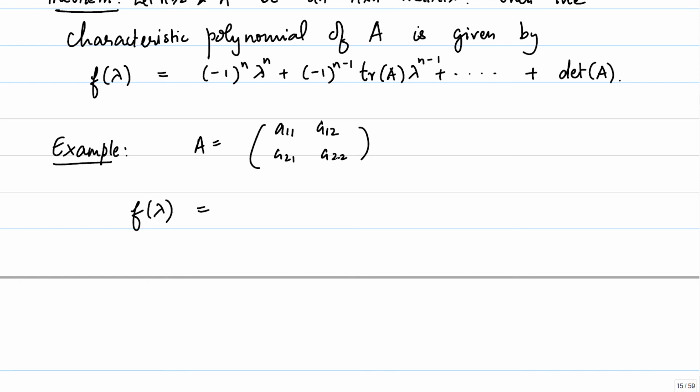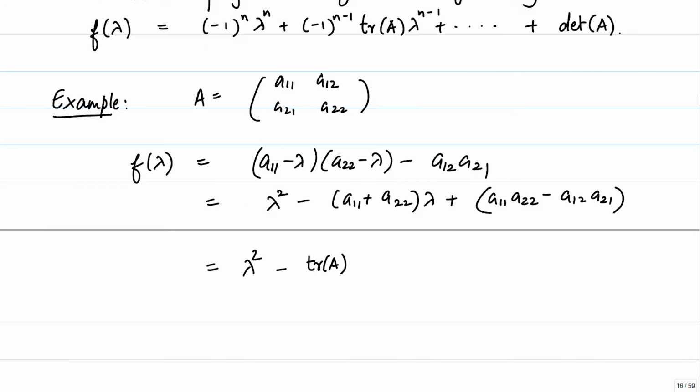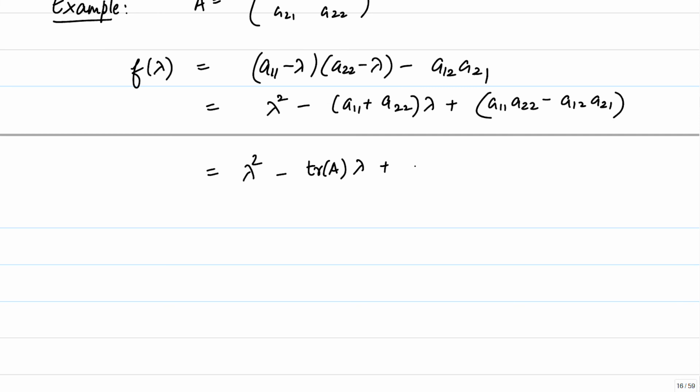Let's compute it and see. a11 minus lambda into a22 minus lambda minus a12 times a21, which is equal to lambda square minus a11 plus a22 times lambda plus a11 a22 minus a12 a21. If you notice, this is equal to lambda square minus the trace of A times lambda plus the determinant of A, which is nice.